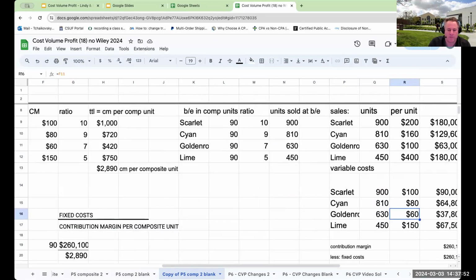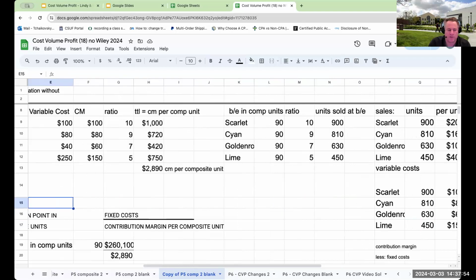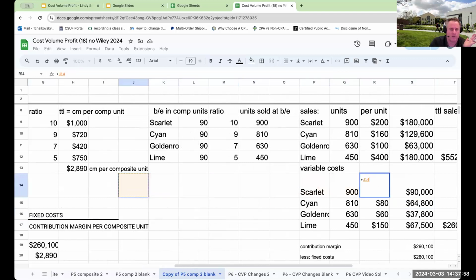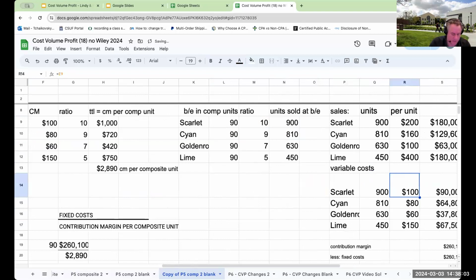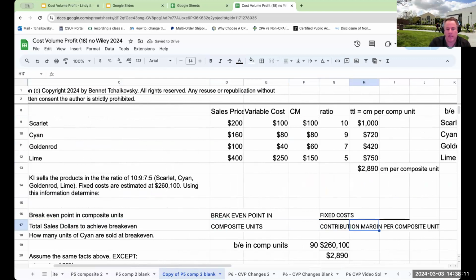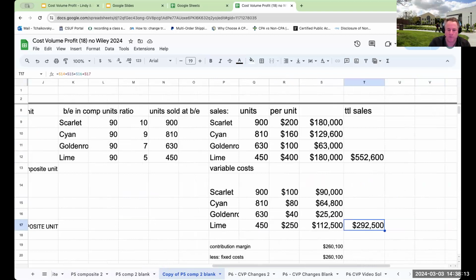Oh, I multiplied it by the contribution margin instead of variable cost. So let's go over here. Scarlet, my variable cost was 100. Cyan was 80, goldenrod was 40, and lime was 250. So again, it's pretty easy to make mistakes, just like yours truly just did.